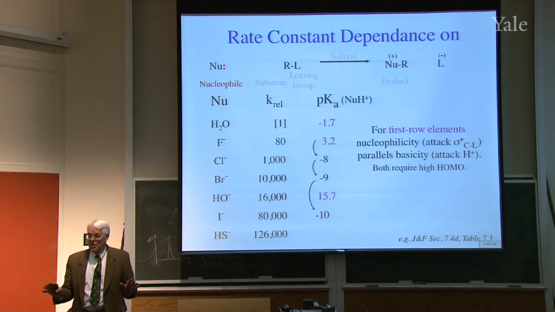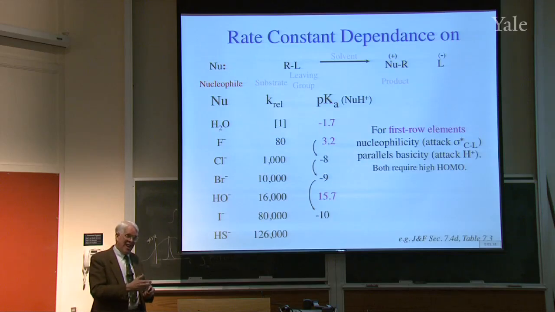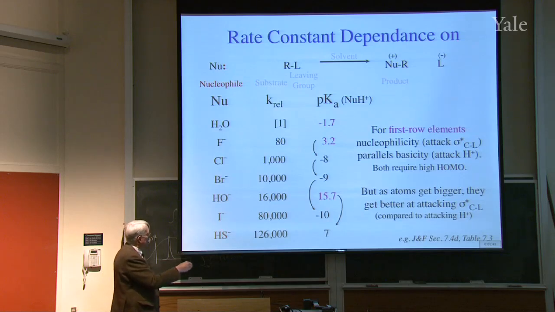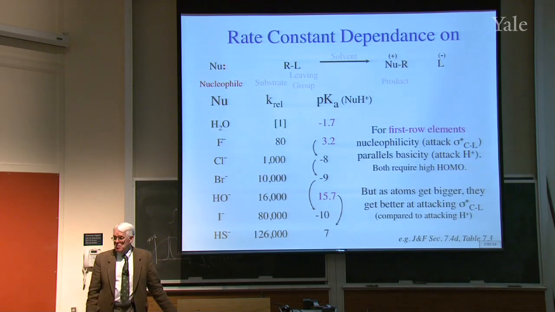Now it's backwards. The halides are going backwards. The better they are at attacking a proton, the worse they are at attacking carbon. That doesn't make sense. And we see actually the same thing here for oxygen and sulfur, right? Sulfur is a stronger acid, but it's better at attacking carbon. This seems nuts.